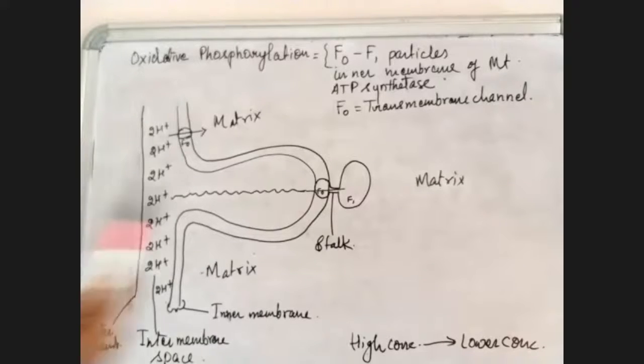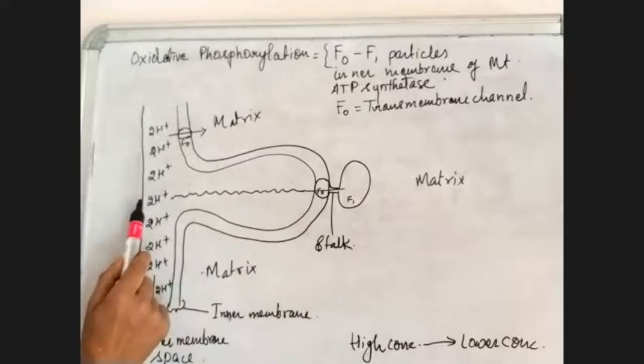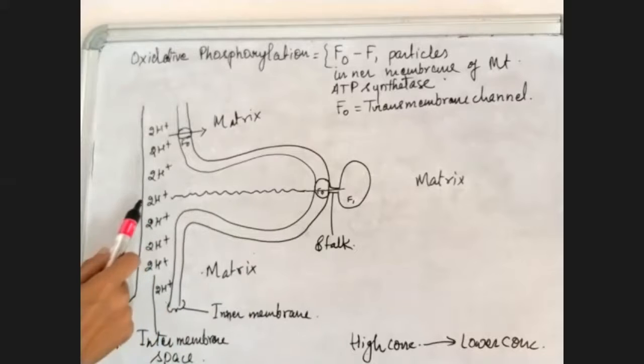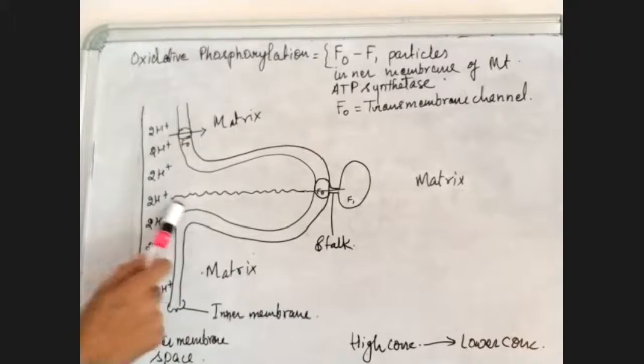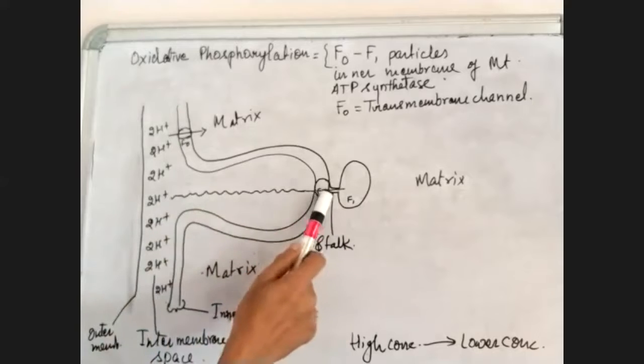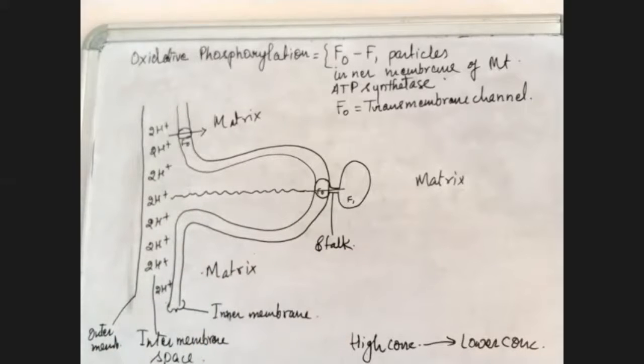So here I have shown one F0 particle. When the proton gradient is broken, the protons from the intermembrane space start moving towards the matrix through the transmembrane channel F0.